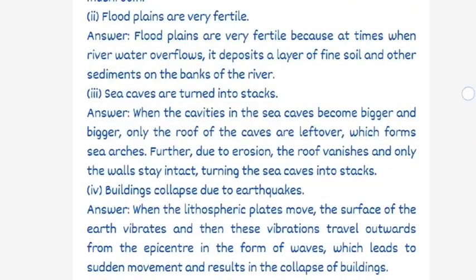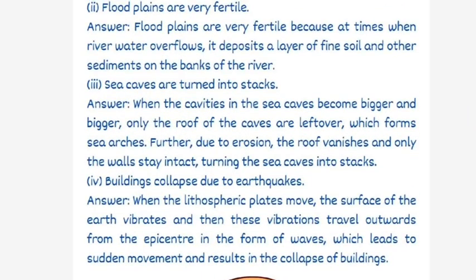Sub-question 3. Sea caves are turned into stacks.